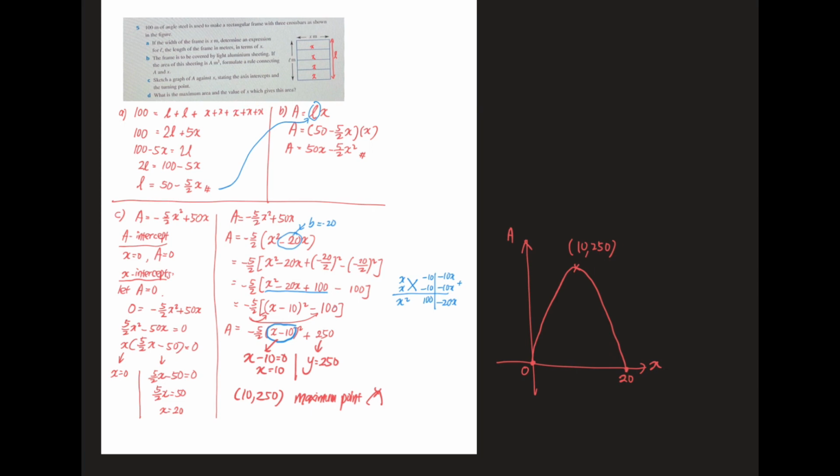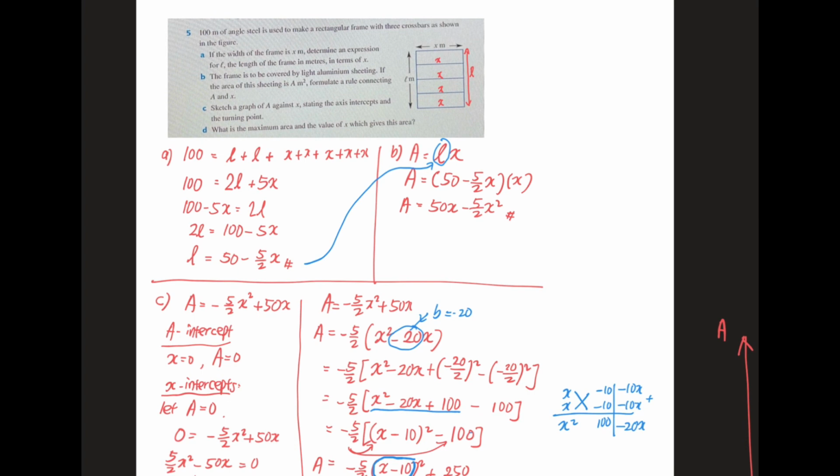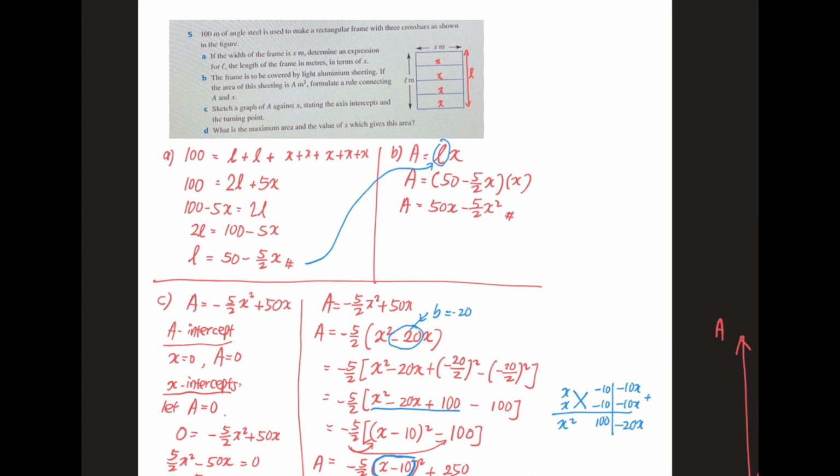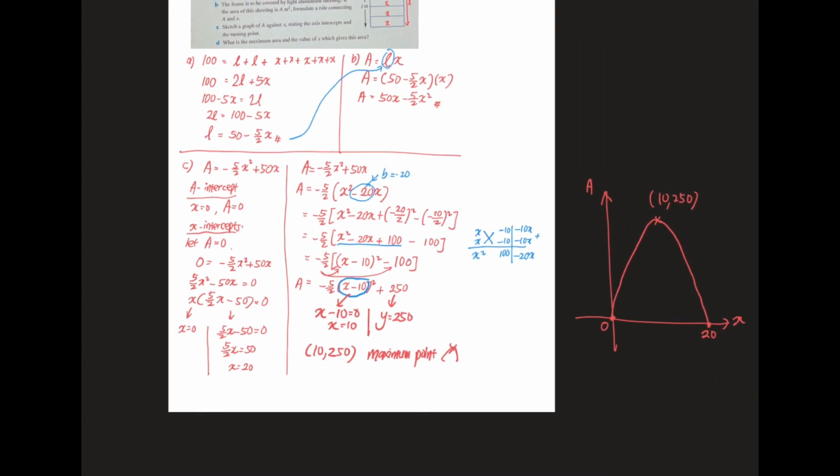Now let's see part D then. What is the maximum area and the values of x which give this area? For the maximum area, we can just look at the maximum point, 250.